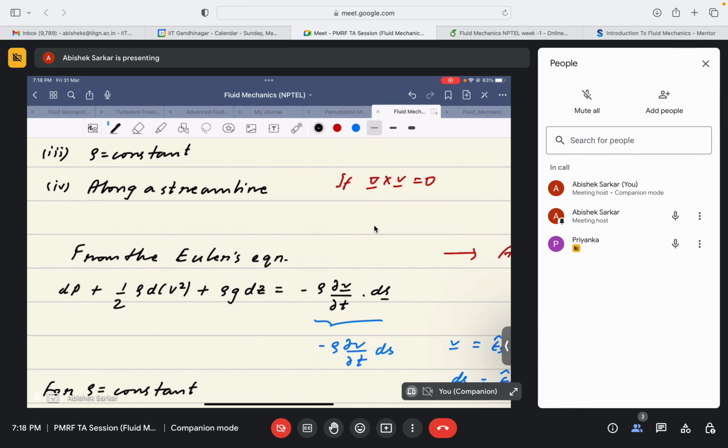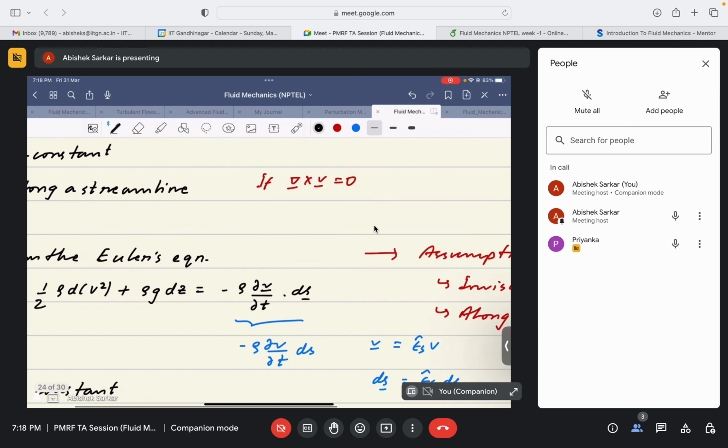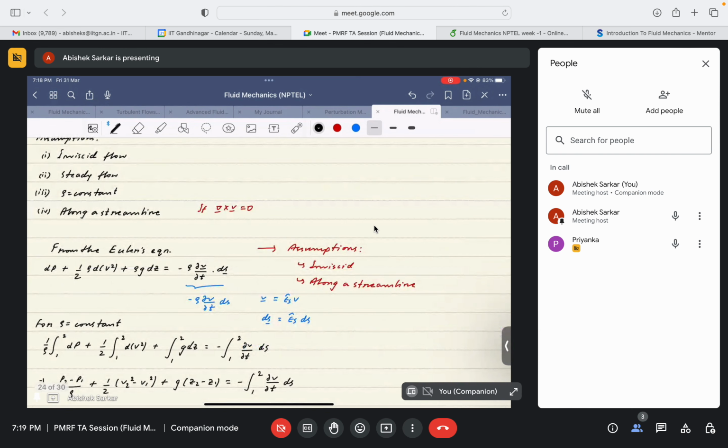Inviscid flow and along a streamline. Yes. The flow is inviscid, only then can we reduce the Navier-Stokes equation to Euler's equation, and the flow is along a streamline, so that we could simplify this term.